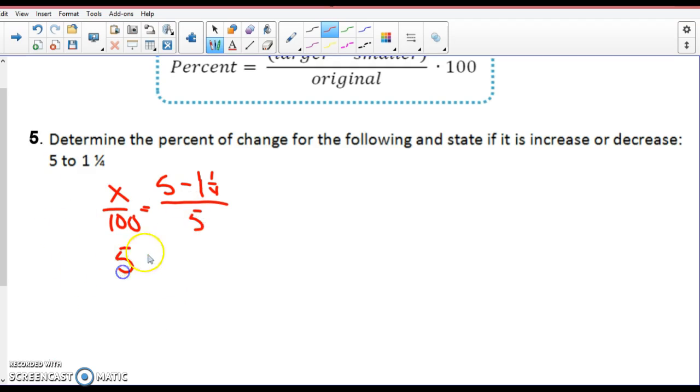This will be 5x. 5 minus 1 1/4 is 3.75, right? Because 1 1/4 is 1.25. If I subtract that, I get 3.75. So I'll have 375 when I multiply by 100. Divide both sides by 5, and I've got x is 75.